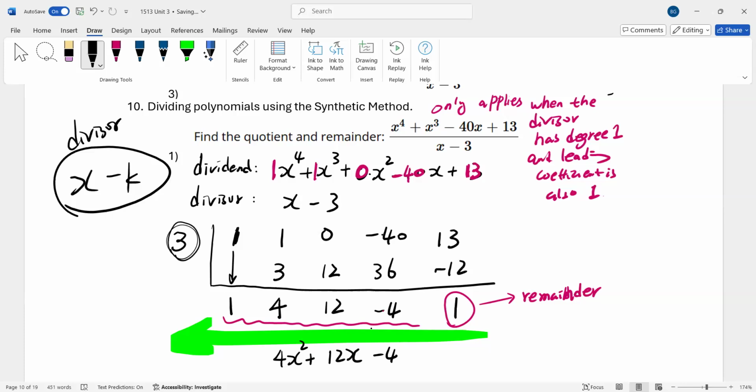Put a square, x squared, on here. And then 1 is going to be 1 times x cubed. Do you see the pattern? And this is the quotient. That is the quotient.